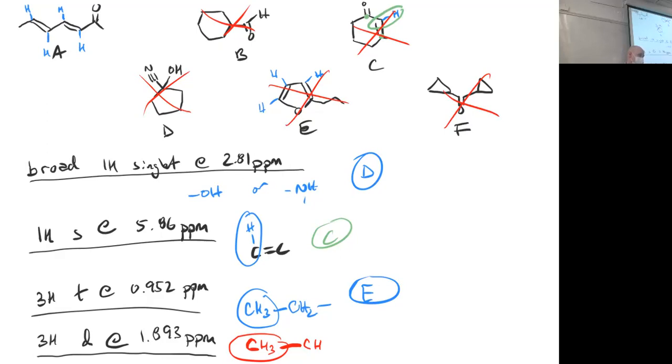And so, as we move forward into the next week, I want to impress on you that while you need to be able to make a reasonable guess for the integral, the splitting, and the chemical shift, the integral will be correct and right on. The splitting will be correct and right on. Chemical shift is a little bit flexible, kind of like with IR, where it could be a little higher or lower than you expect.